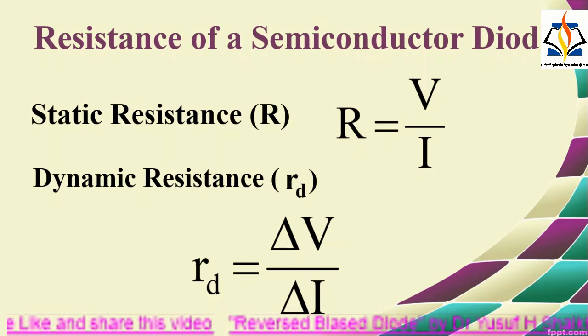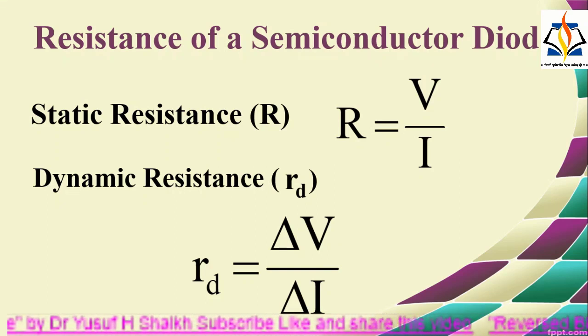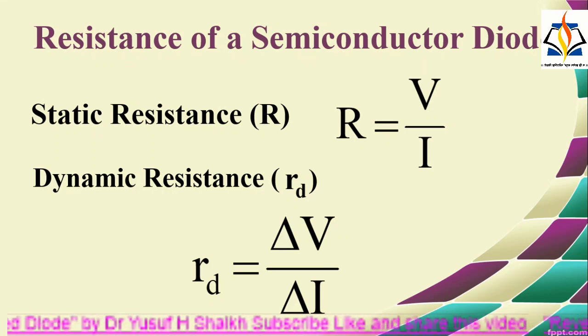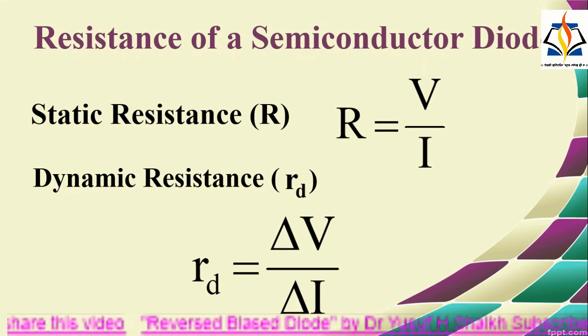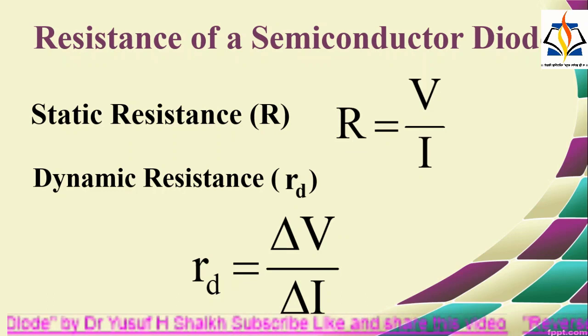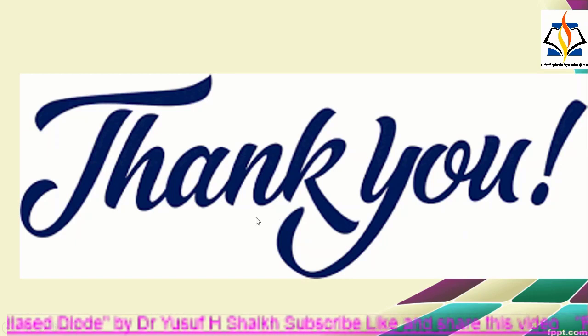Thus, RD is equal to delta V upon delta I. It is not a constant quantity, but it depends upon the operating potential. The region of the characteristics curve where dynamic resistance is almost independent of the applied voltage is called the linear region of the junction diode.